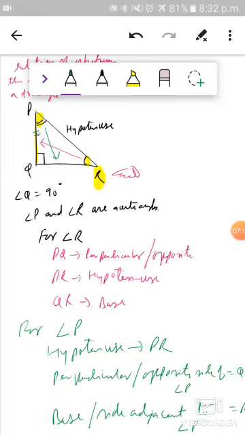So this is base. Now don't tell me that PR is also the adjacent side, but PR is hypotenuse. Already we have read that the side opposite to 90 degree is hypotenuse.